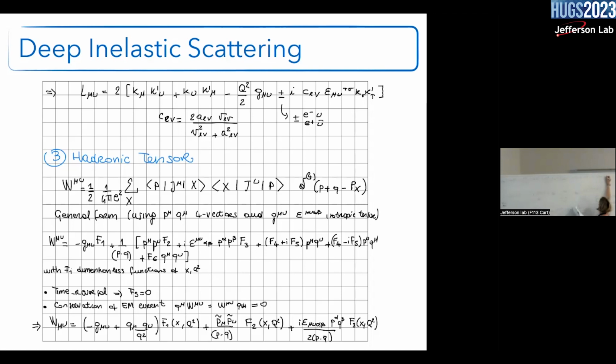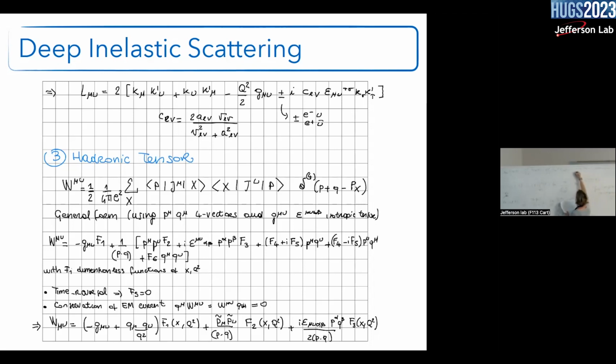And then you have something proportional to Q mu Q nu. Okay, these are all the Lorentz invariant structures, nothing else. You can write linear combinations of those, of course, but nothing else. But time reversal, so if you impose that the tensor is the same when you send time into minus time, then you get rid of these.